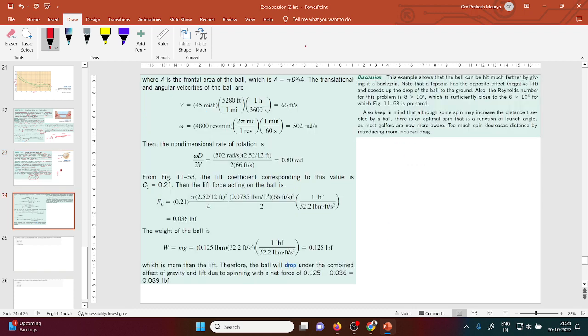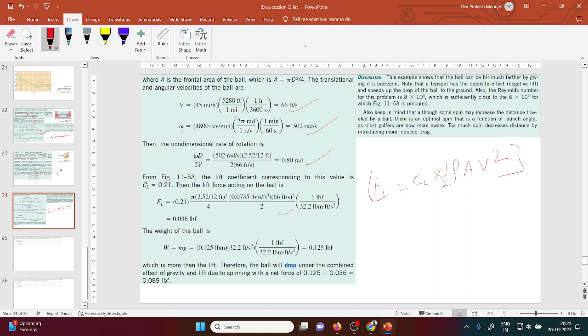So here is the only conversion. Velocity is converted into feet per second and omega is converted into radians per second. Now if you calculate FL, the formula is FL equal to CL into A into rho, half V square.